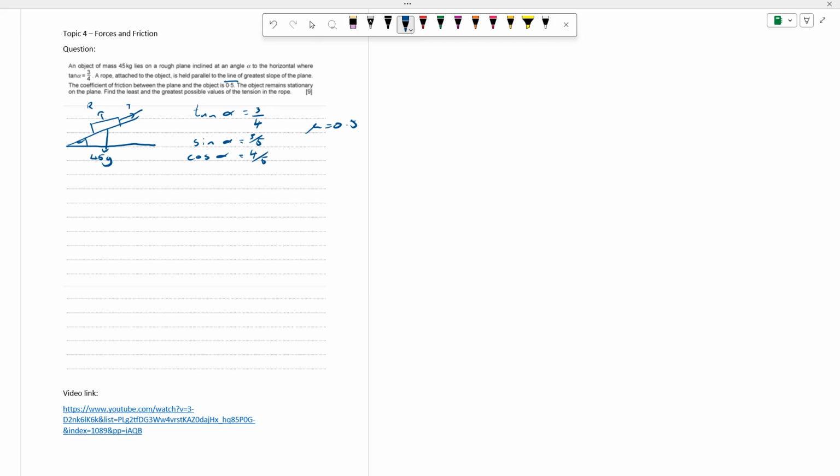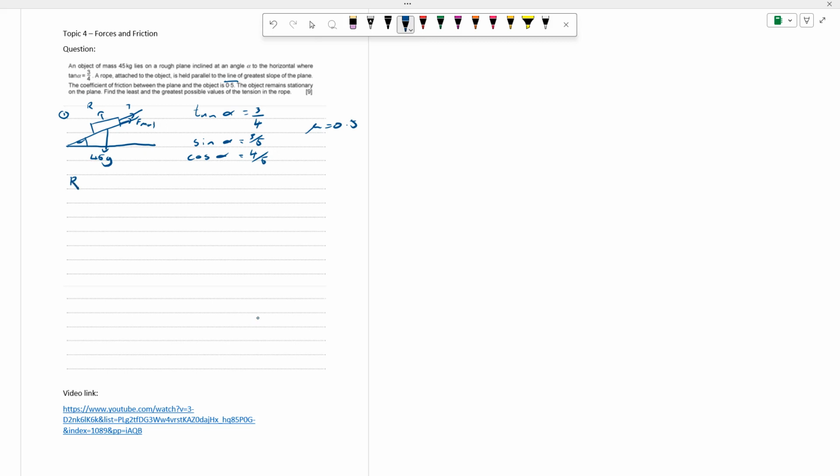Now, there's two scenarios here. The first scenario is that my rope is just stopping it from sliding down the plane, which means in scenario 1 friction is also going up the plane. So I'm going to work out friction first. It's going to be constant anyway.